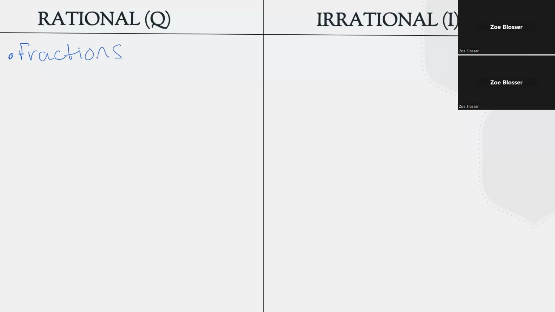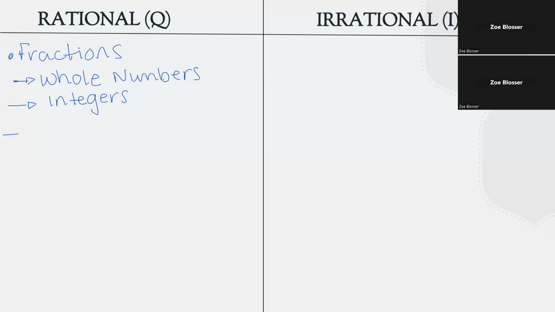Anything that can be literally turned into a fraction is rational. So things that can be turned into fractions that we know of here are whole numbers. Literally positive counting numbers, including 0. Then we have integers, which are positive and negative counting numbers. All right, all of those can be turned into a fraction by putting a 1 under them.